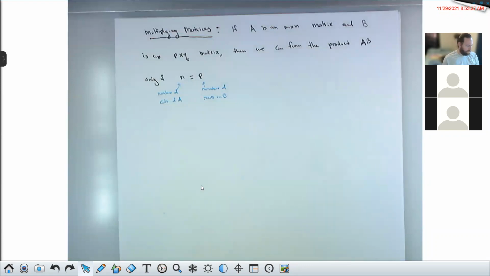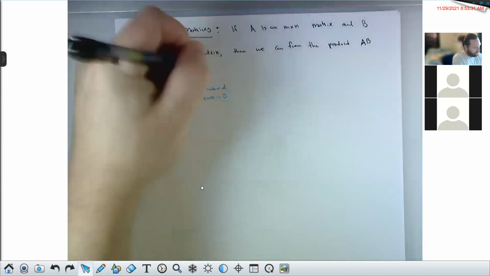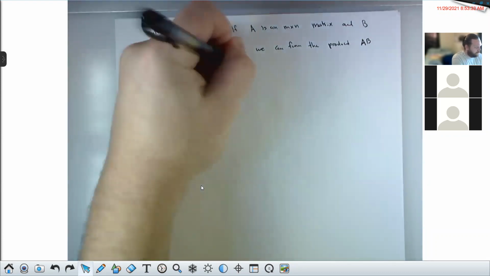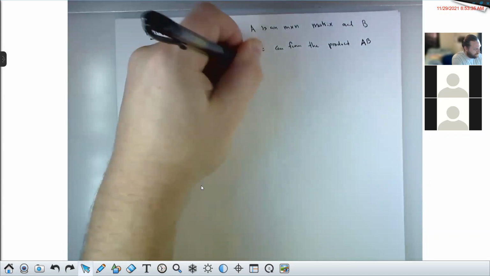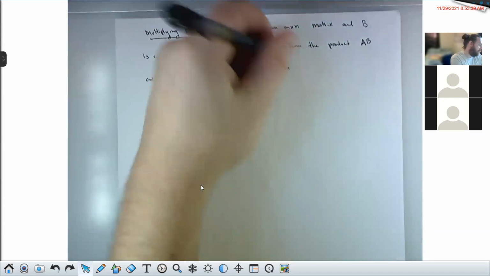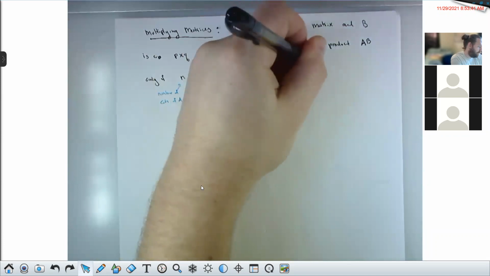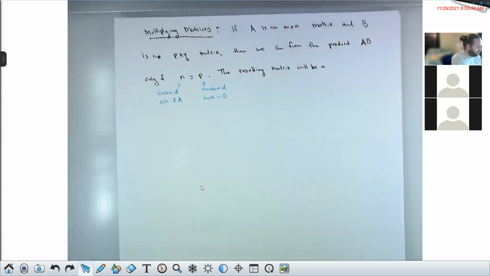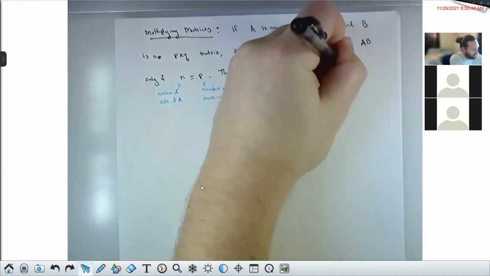This is a weird requirement. Also, the resulting matrix will be a, let's see, what is it? An m by q matrix.